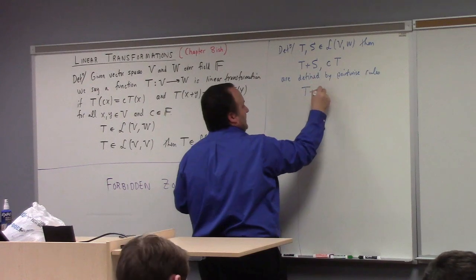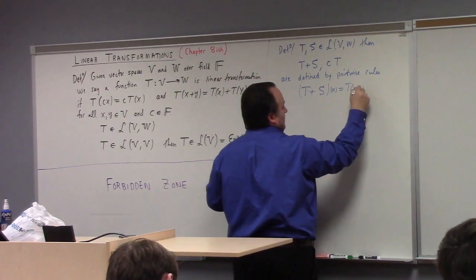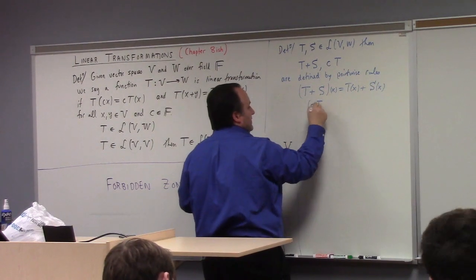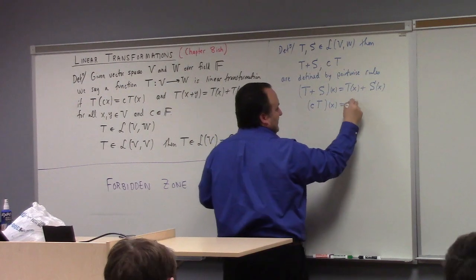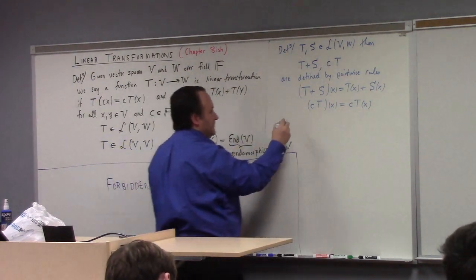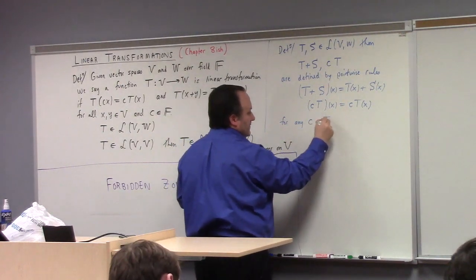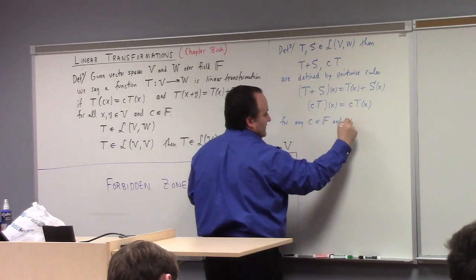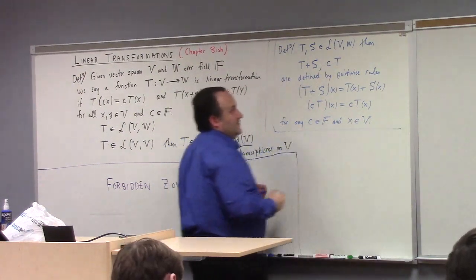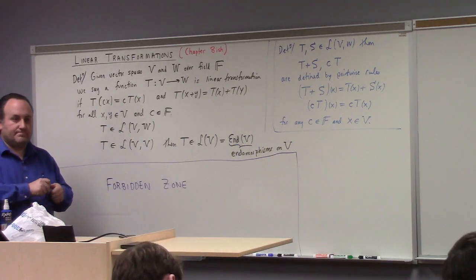So like T plus S of x is T of x plus S of x, and also C times T of x is C times Tx, all right? And that's for any C in the field and x in the vector space. So you can add linear transformations and you can scalar multiply them.